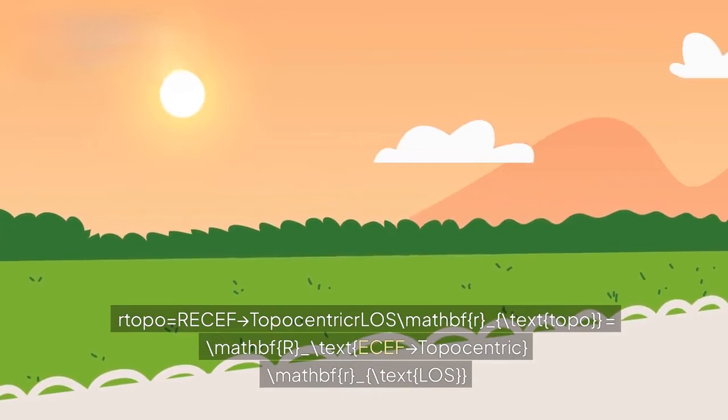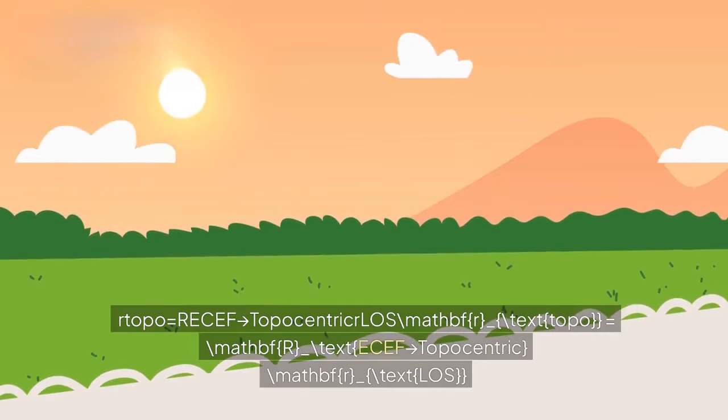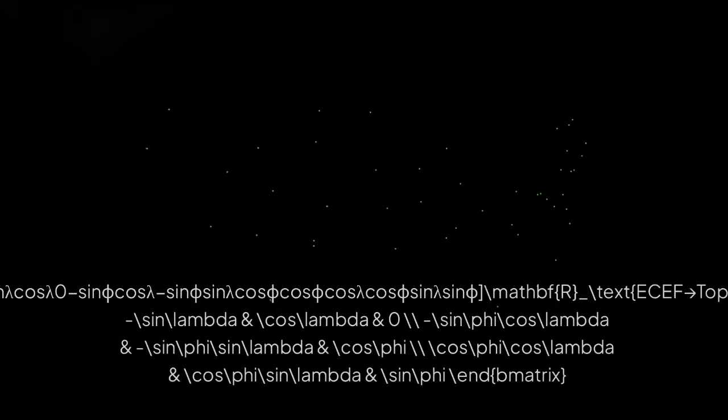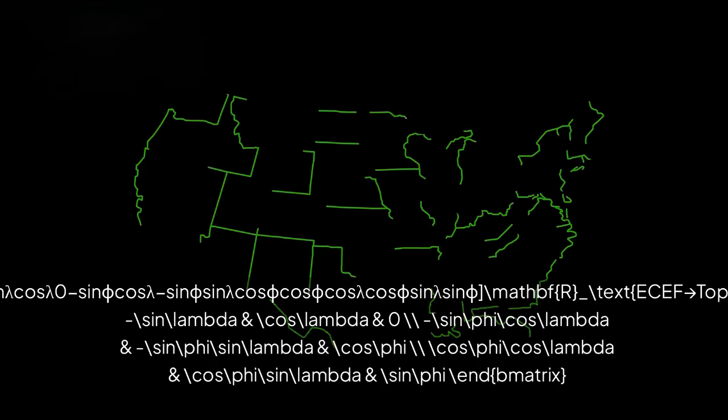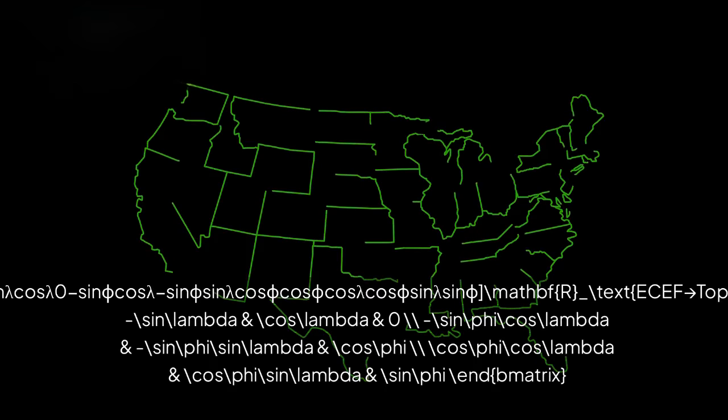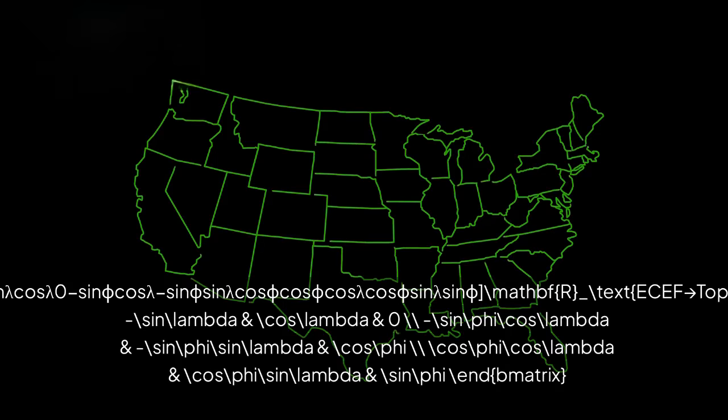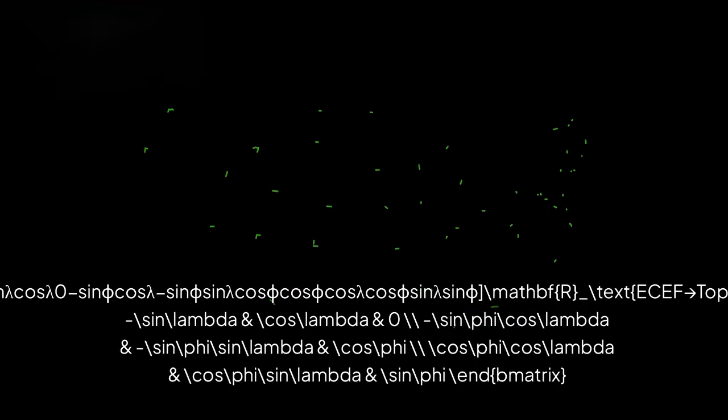The rotation matrix is R_ECEF-to-topocentric equals the matrix with rows: minus sin lambda, cos lambda, 0; minus sin phi cos lambda, minus sin phi sin lambda, cos phi; cos phi cos lambda, cos phi sin lambda, sin phi.